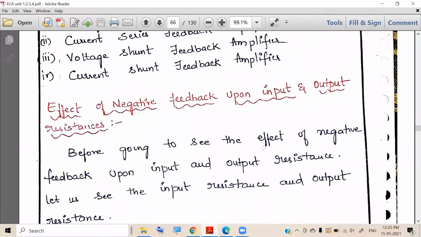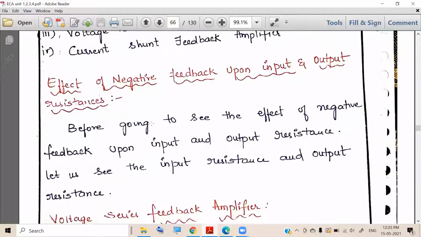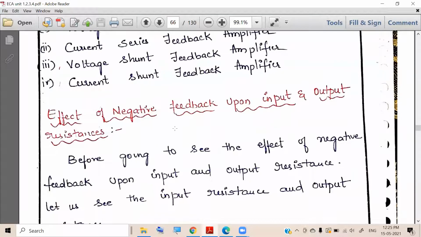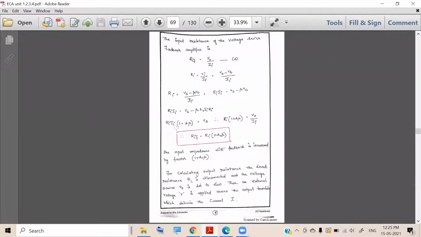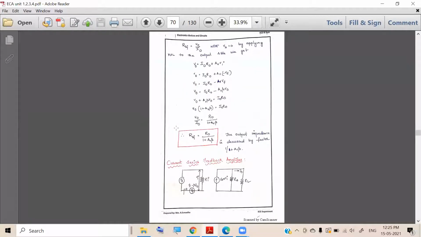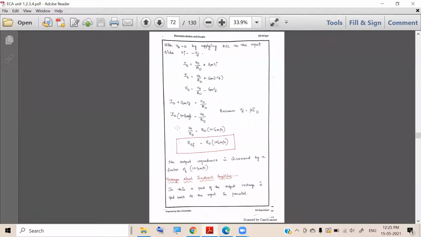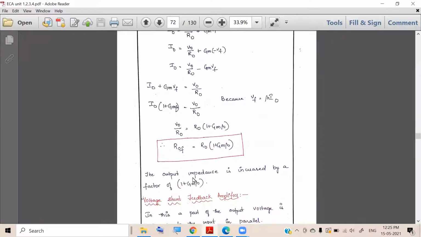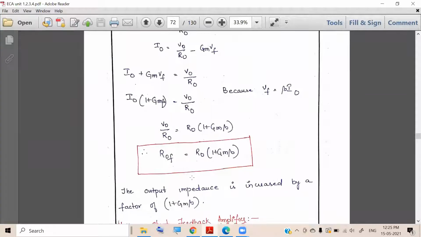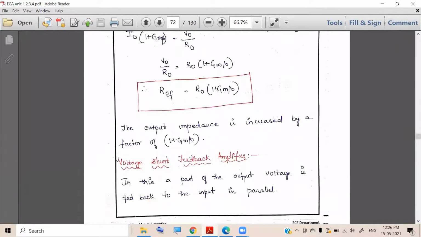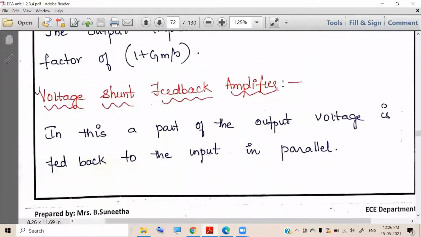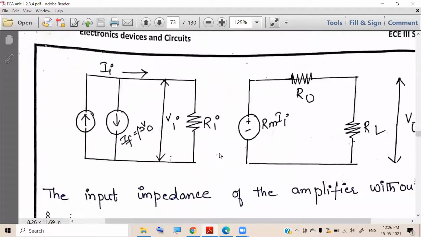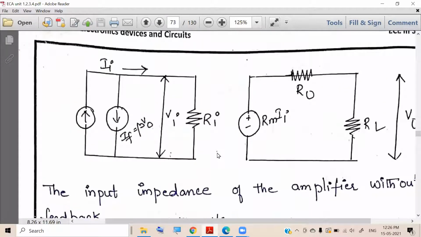Let us see the expressions of voltage shunt feedback amplifier. Here, voltage shunt feedback, let us see the expressions for the input resistance.